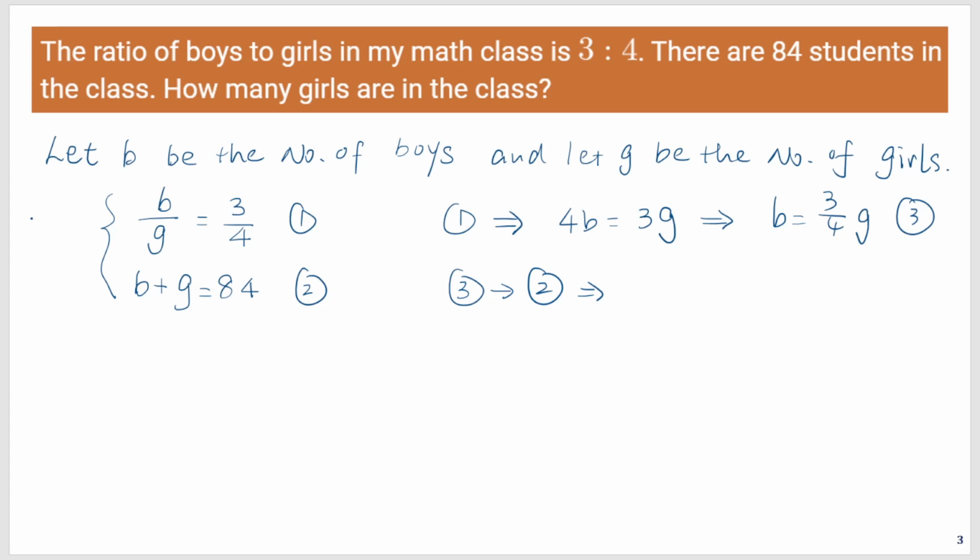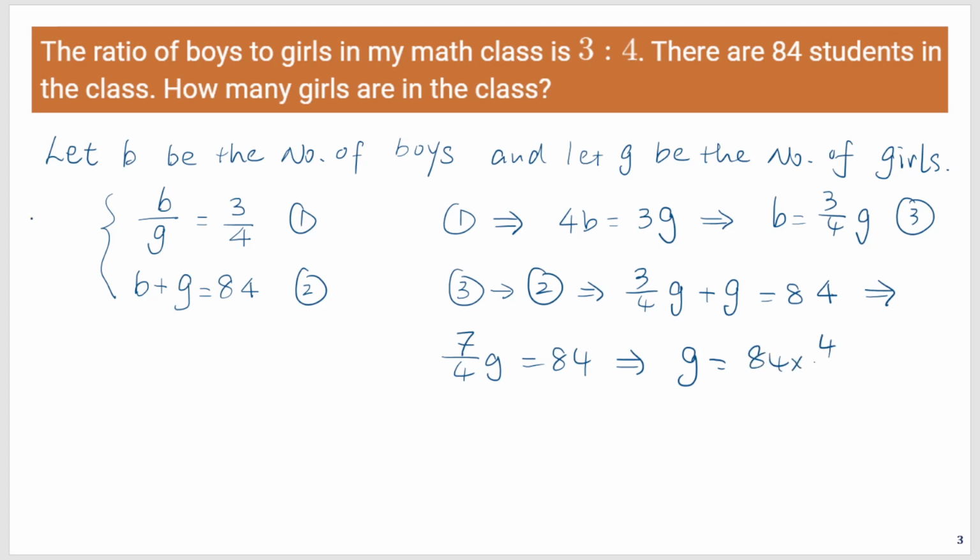This gives you 3 over 4 G, so this will help us eliminate B there, right? Plus another G equals 84. Therefore, we have 7 over 4 G equals 84, and this solves G is 84 times 4 over 7, which is 48, right?